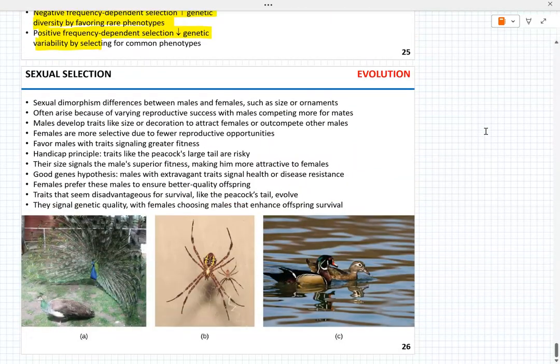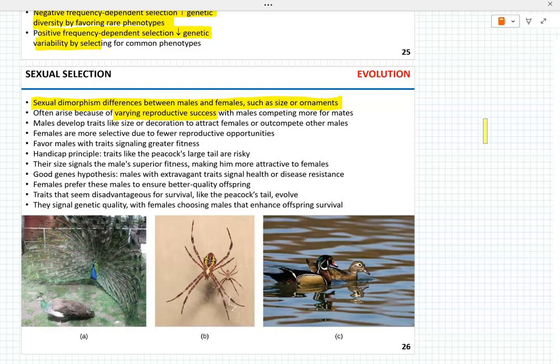Now finally, sexual selection. We know that there is sexual dimorphism in many species of animals. Sexual dimorphism is often the result of different reproductive successes, because males compete more for their mates.